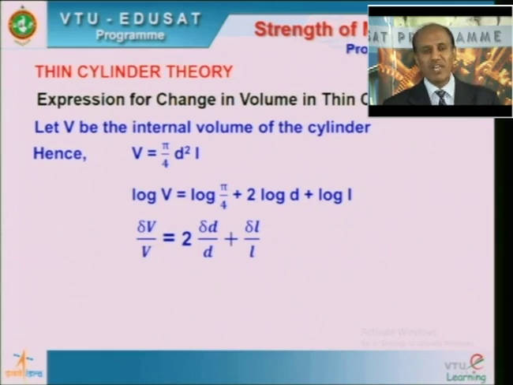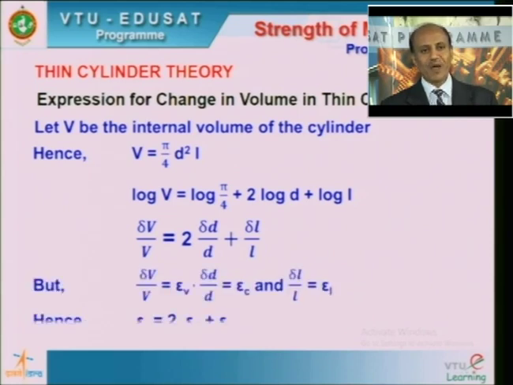What is delta V by V? I think you know, it's nothing but the volumetric strain, epsilon V. What is delta D by D? Diametral strain, which is equated to circumferential strain. And what is delta L by L? It's the longitudinal strain. So we are just trying to equate.